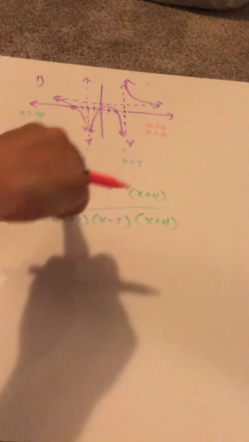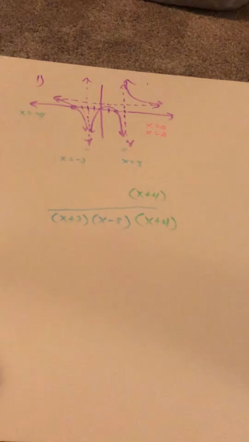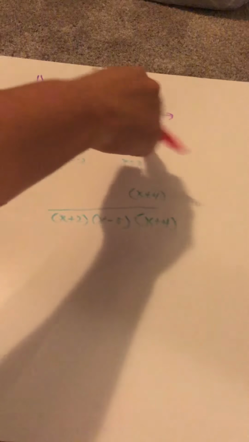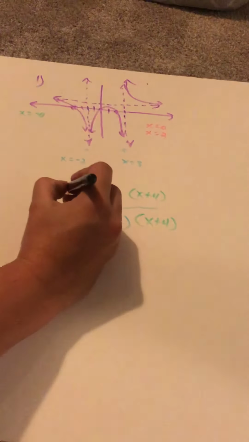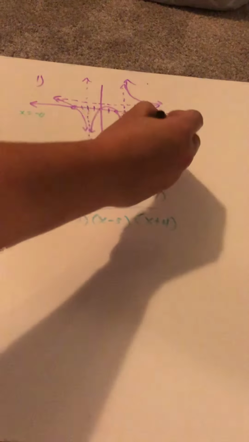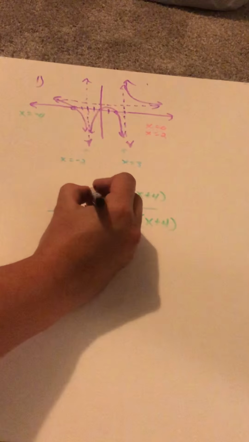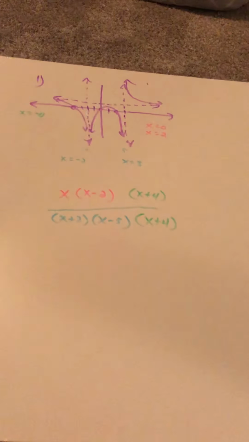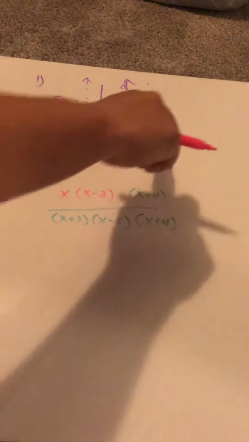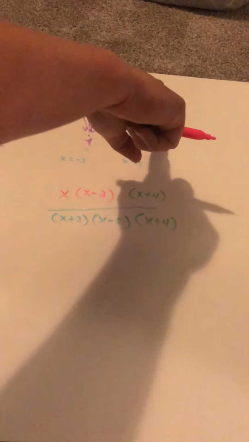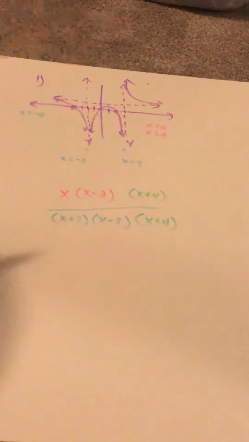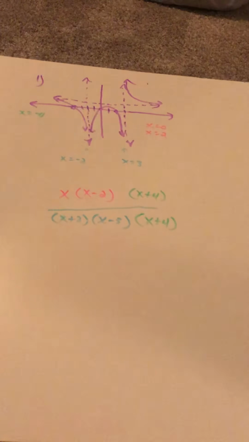The x-intercepts go into the numerator. So x equals 0. If you move the 0 over, it's still just an x. And then this becomes an x minus 2. You want to move it over so that it's equal to 0, because that's what the factor would be. So you get that right there.